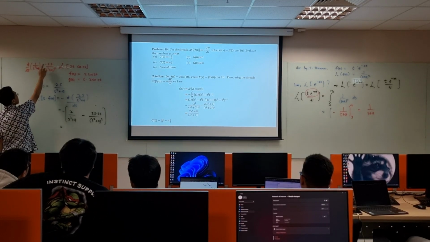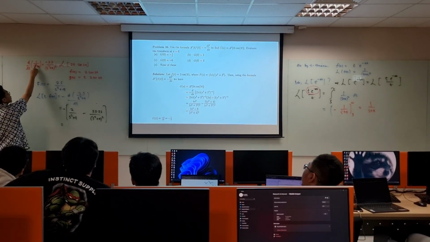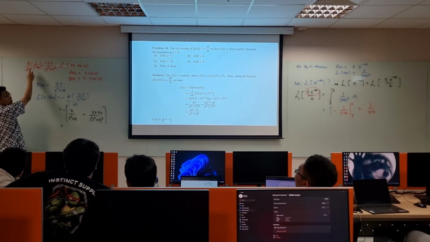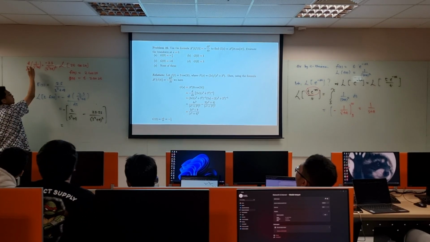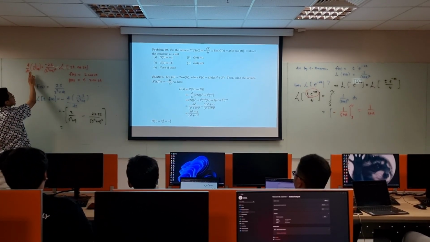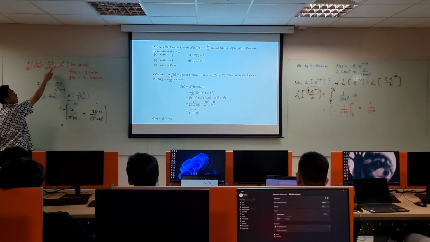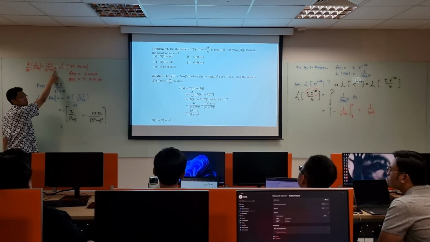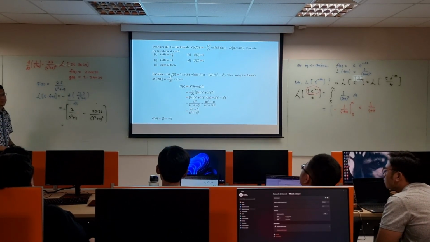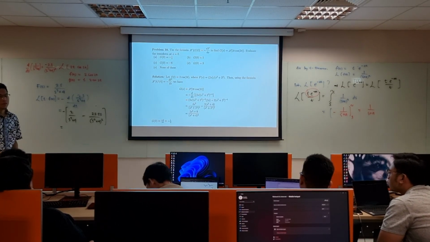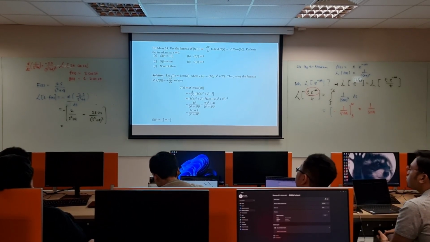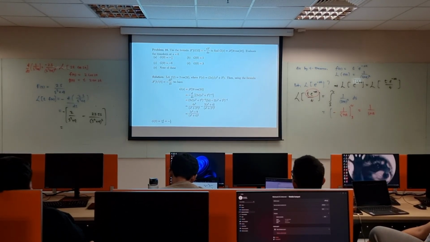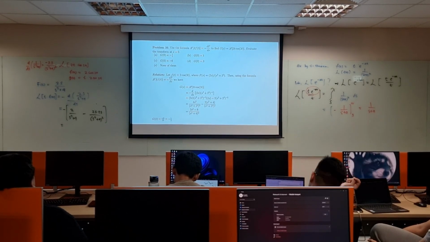The way is that the 2 comes down, it becomes 2s, and it becomes the multiplier on the top, and because it is a division, you get a minus sign in here. And then the power increases from 1 to 2. Remember again the rule of getting the derivative of a fractional function.